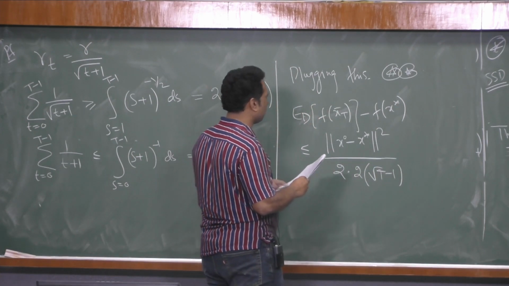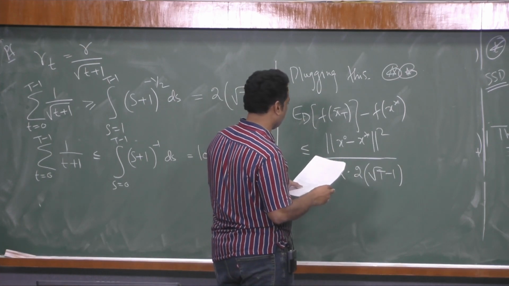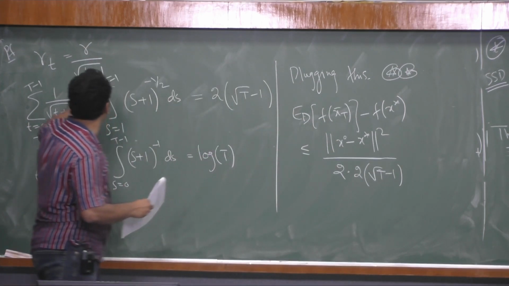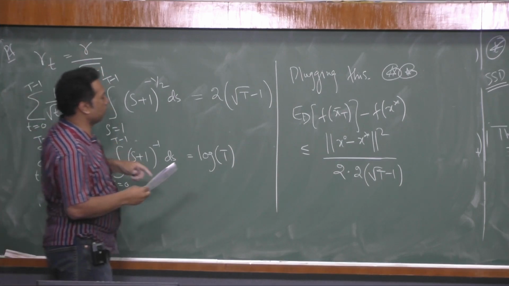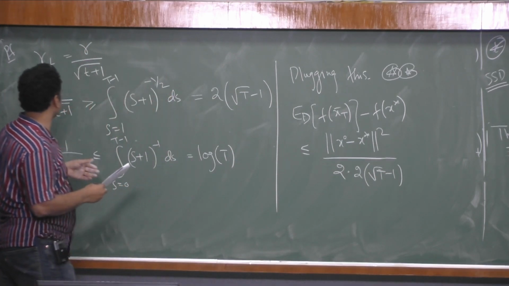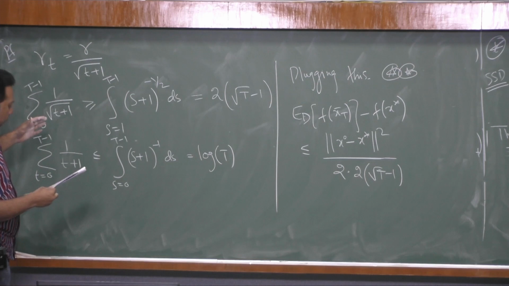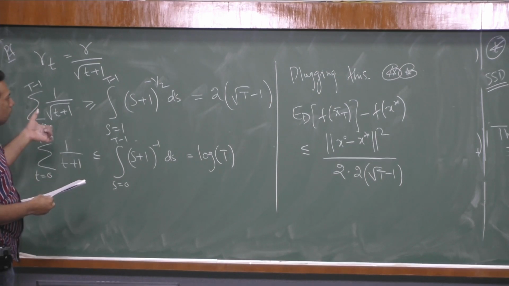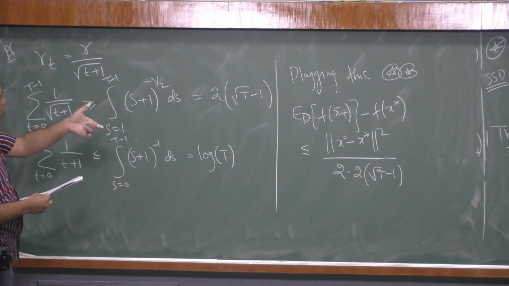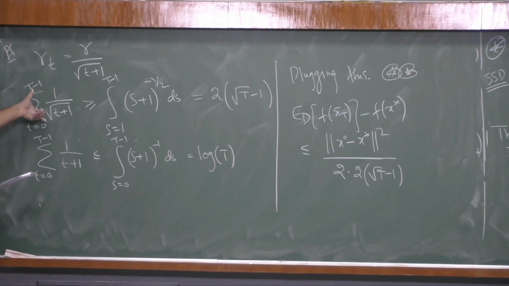And then there is a gamma also here, right? So that gamma will be there. This sum is this gamma by this, so gamma should be there.